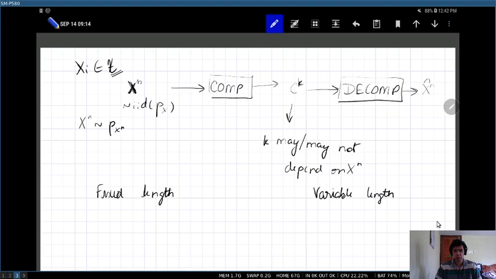Here I've said that x^n consists of n symbols, but what n is for, say, an English text file can depend on what you take script X to be. For example, you have a certain file which has maybe 10 words, where each word is maybe 5 or 6 characters long. Now if you treat this as ASCII characters, then you would have around 50 to 60 characters. But if you treat this as words, then the file will have 10 words.